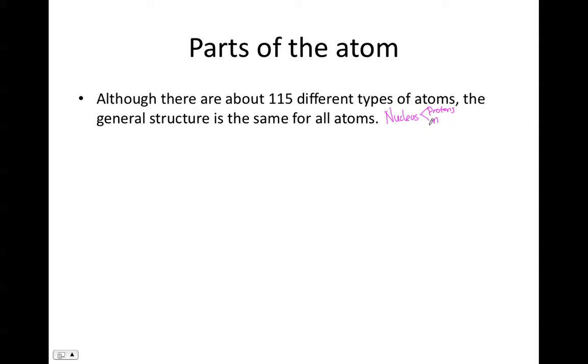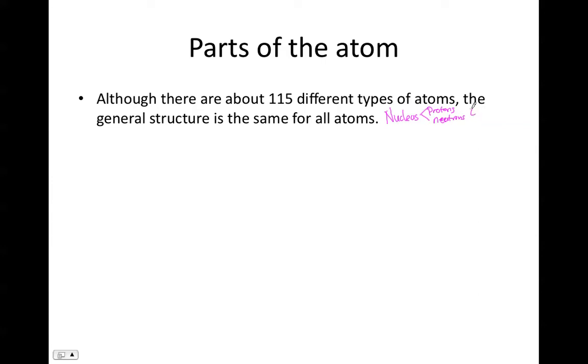Sorry, N-E-U-T-R-O-N-S. And then you have what we call the electron cloud or orbitals, which is where the electrons are flying around the outside of the nucleus.